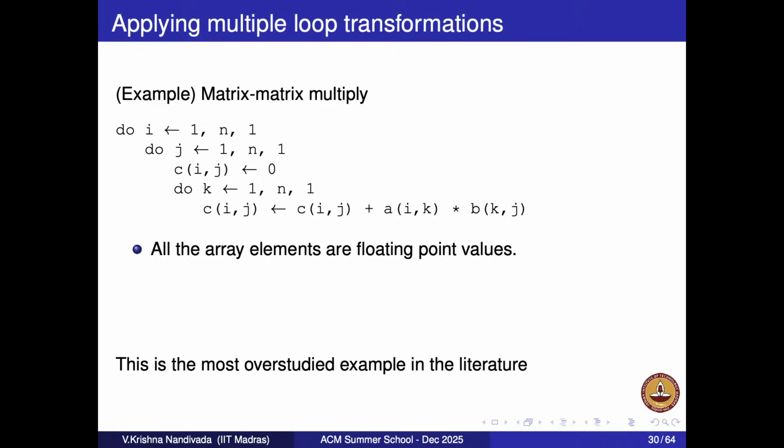N cube, n square, n. For the innermost loop you will have a total of n cube branches, for the middle loop n square, and for the outer loop n.